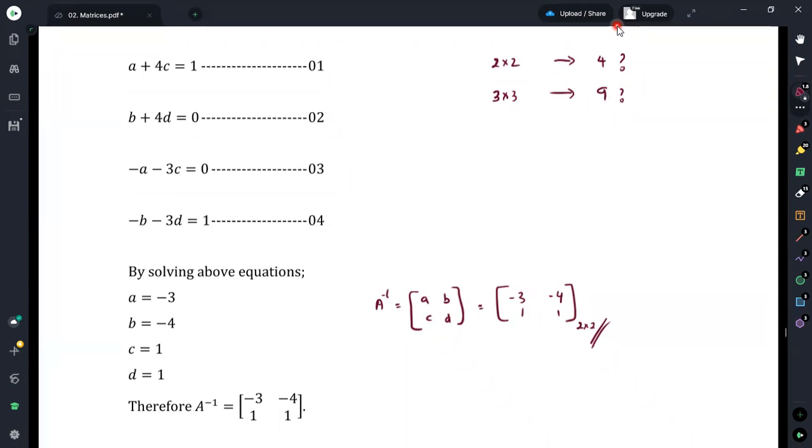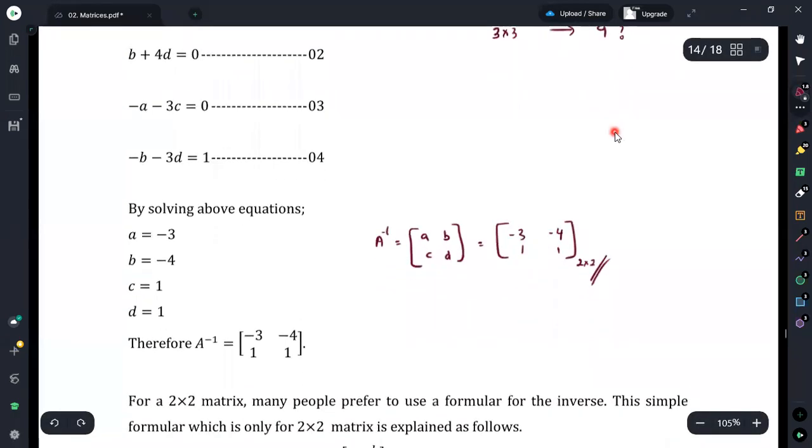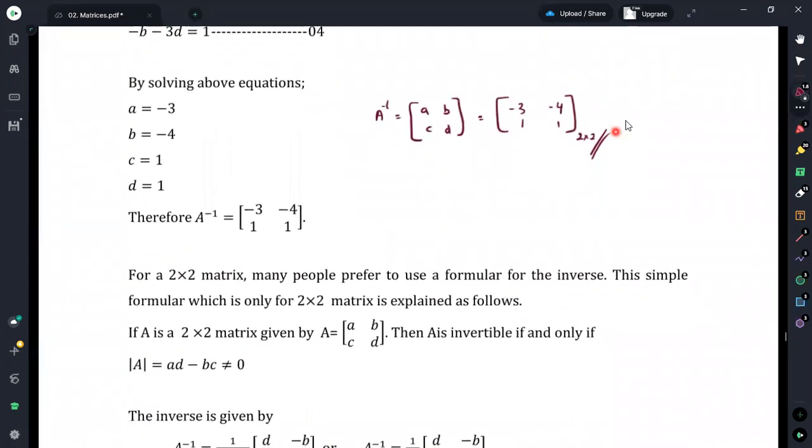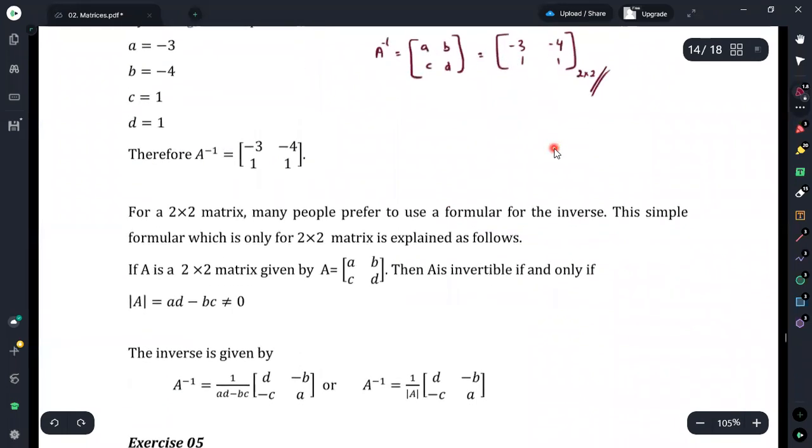We are seeking an alternative method for finding the inverse, but this is the basic method of finding the inverse, and it can be used for any higher order matrix, but the computational steps will be much more lengthy. Therefore, to avoid that, we are seeking an alternative method.